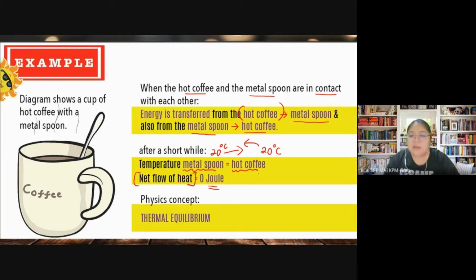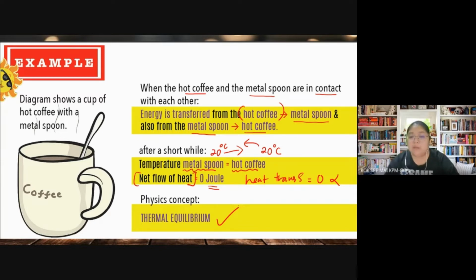If I say heat transfer is 0, this is wrong. You cannot say heat transfer is 0. Heat still gets transferred, it is not 0. You can only say net heat flow is 0. That one I understand, net already. So this concept we call thermal equilibrium.